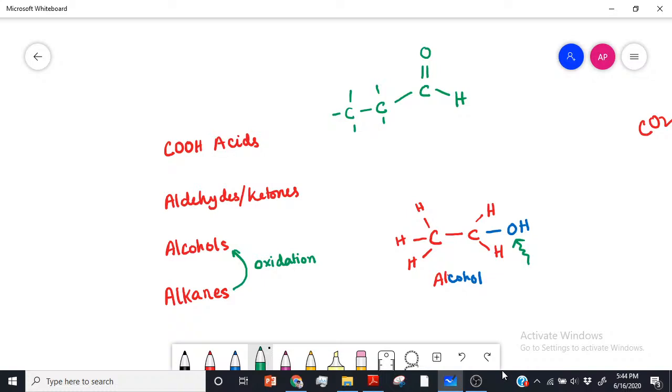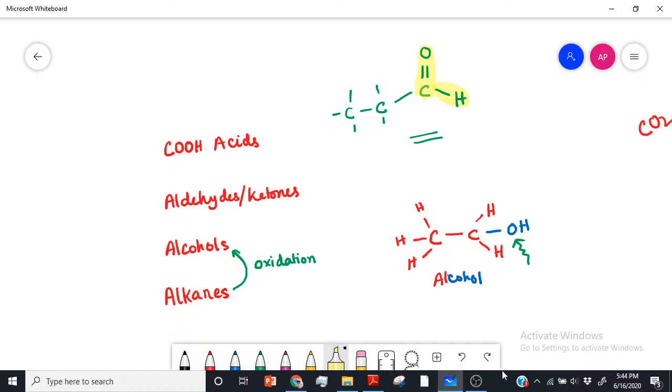Okay, now over here I have drawn another structure. What you should focus on is that one oxygen is bonded to a carbon by a double bond, and with that we have another H attached.